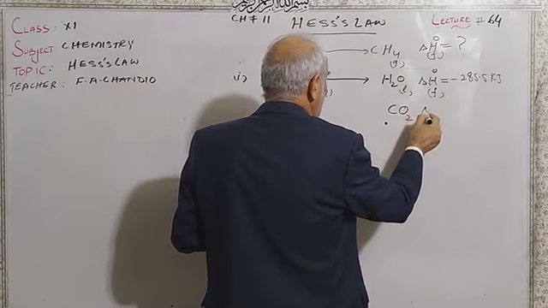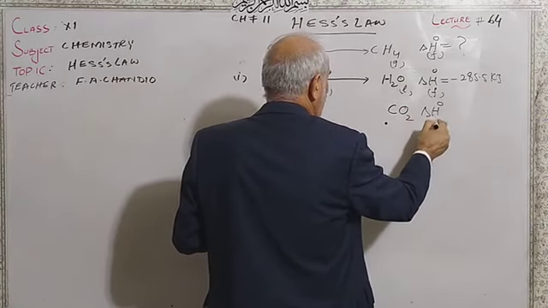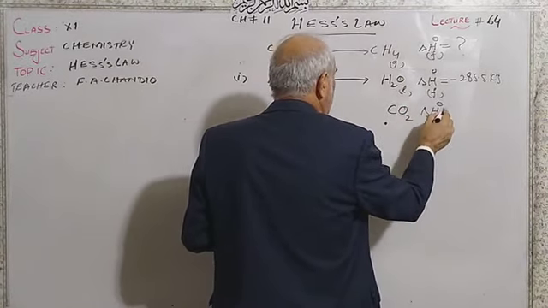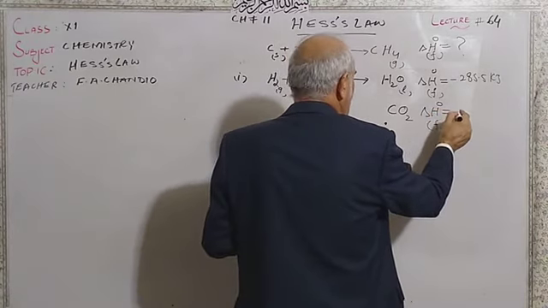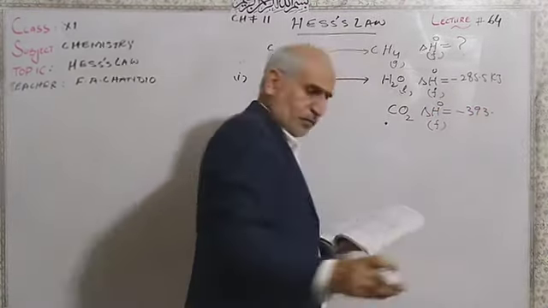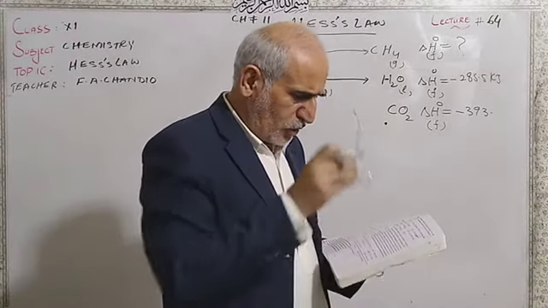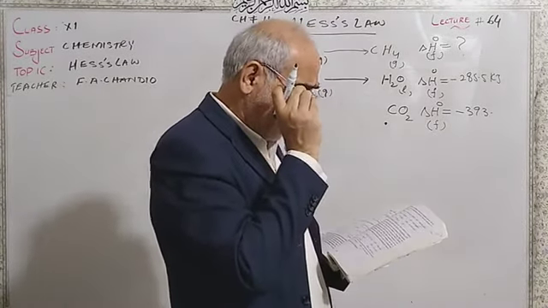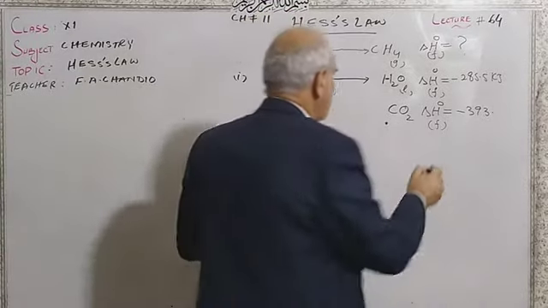Now equation number 2. Formation of 1 mole of carbon dioxide gas, minus 393.5 kilojoules according to your book.